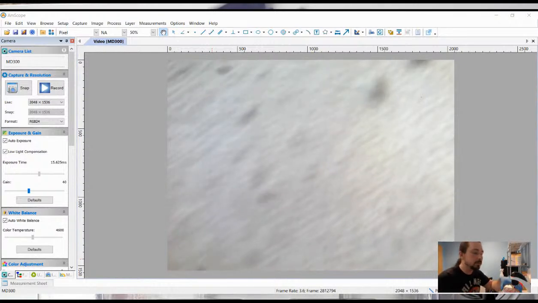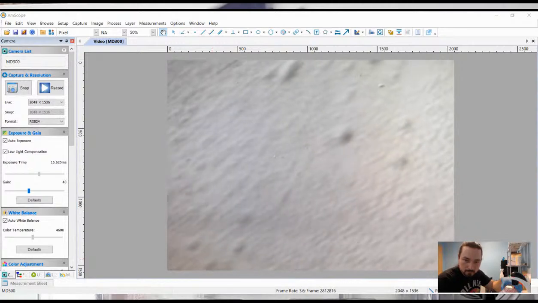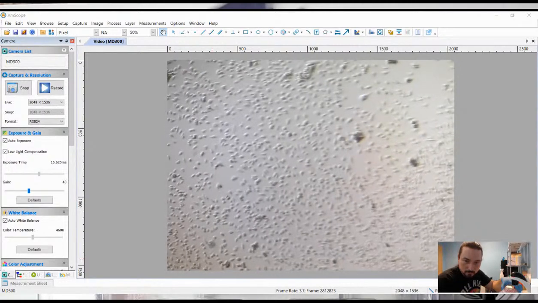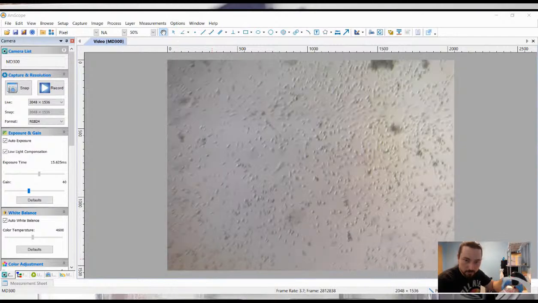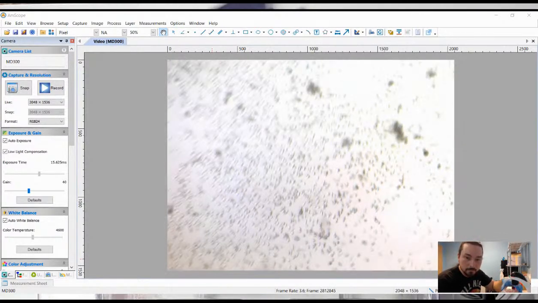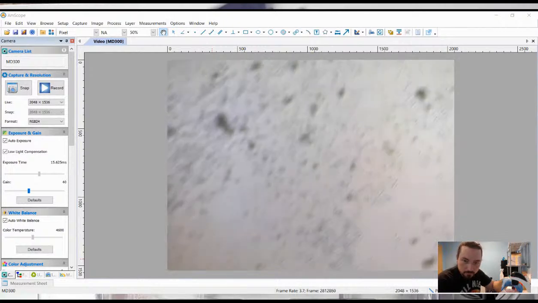Now these are ones I did a few days ago, so it might be mostly dead cells. See how stressed out they are? This is just a way overgrown culture. As you can see, they are blue.